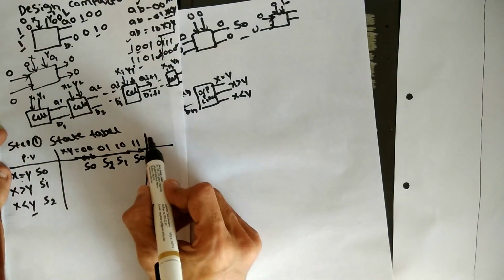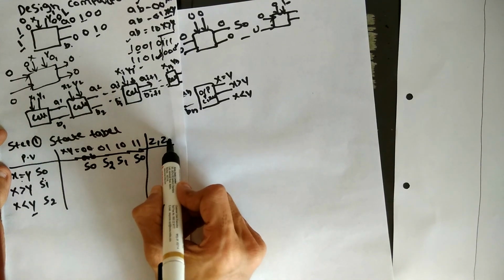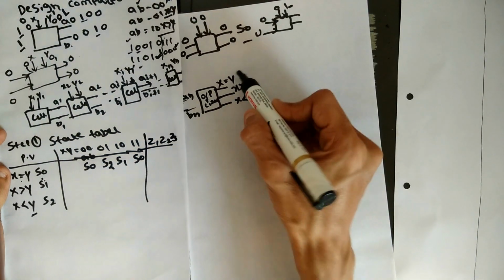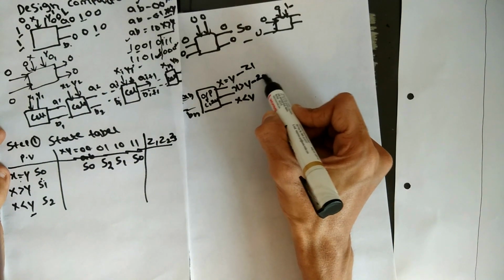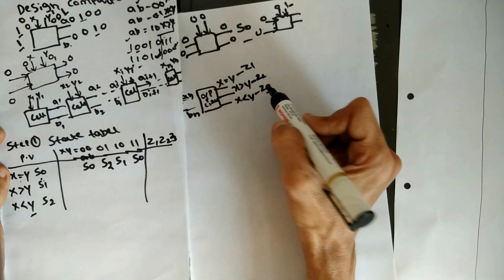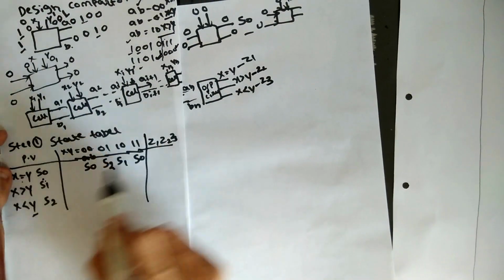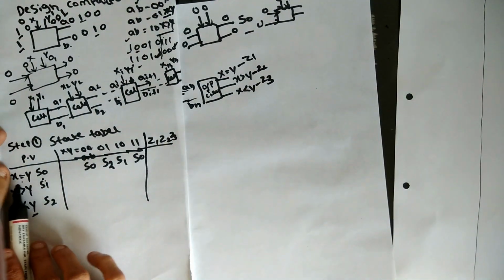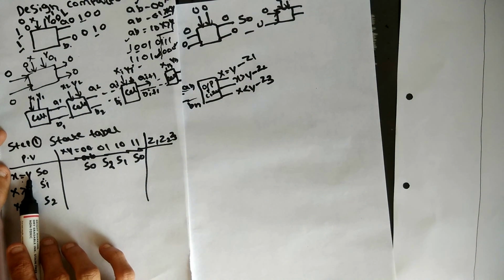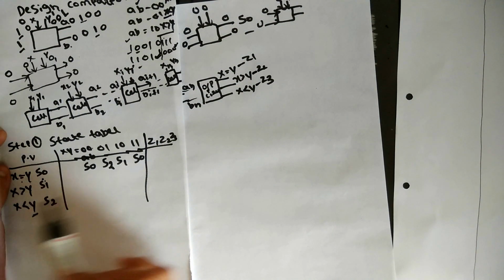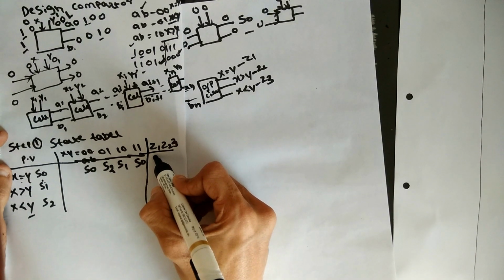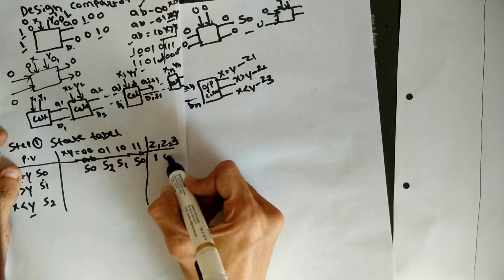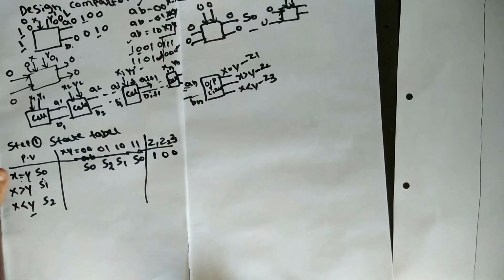From this we can say there are 3 outputs possible here: z1, z2, z3. If x and y are equal, this is the equal state, so z1 is taken as 1 in the equal state, and the other portion is 0 0.